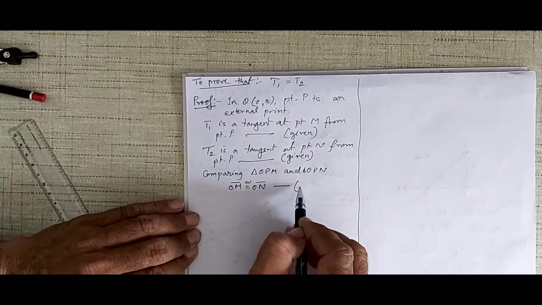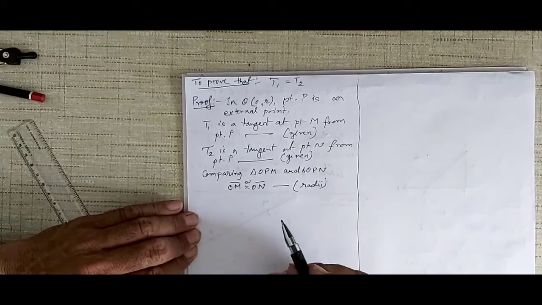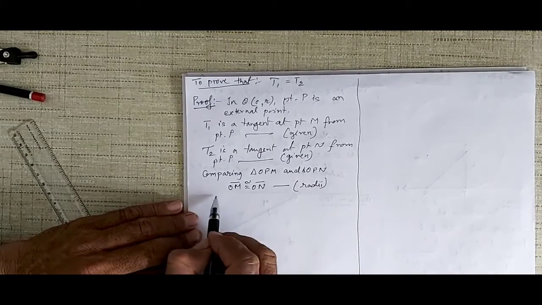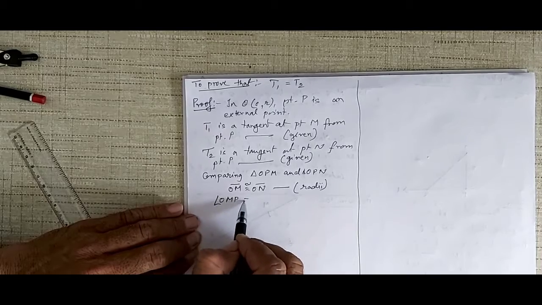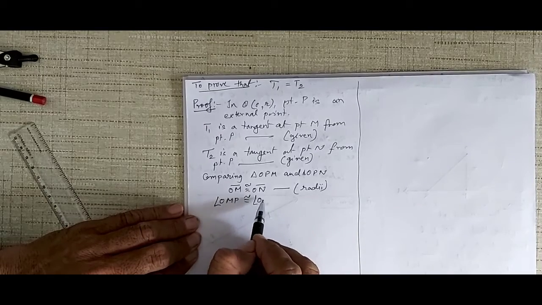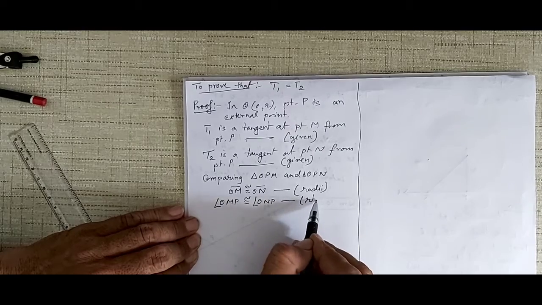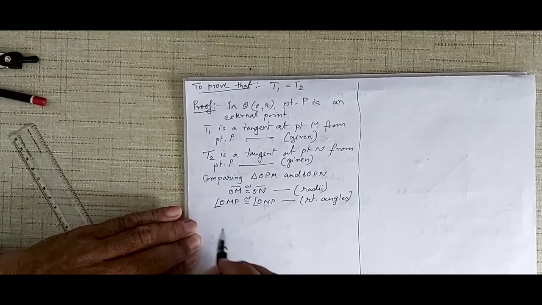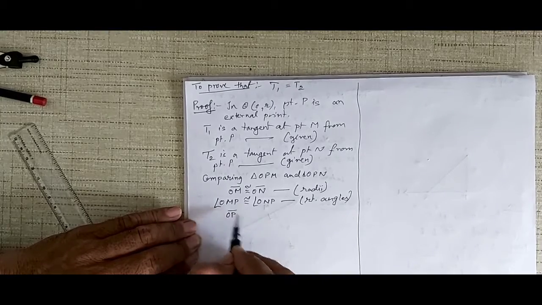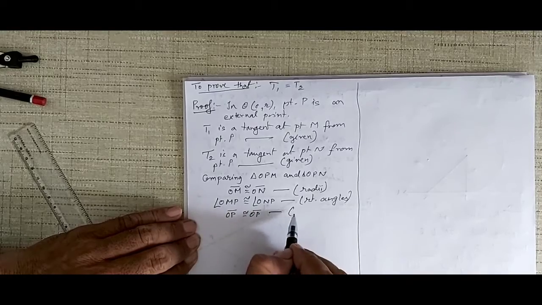Why? Because they are radii of the same circle. Radii of the same circle are always equal. Then angle OMP is congruent to angle ONP. Why? Because they are right angles, 90 degrees. So both angles are equal. And then OP is congruent to OP. Why? Because it is a common side.